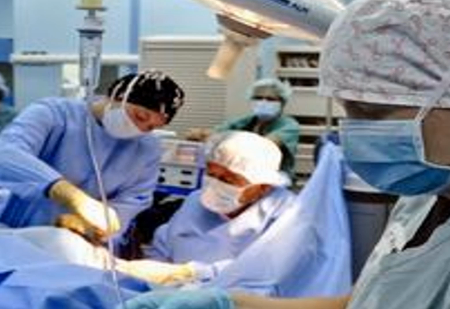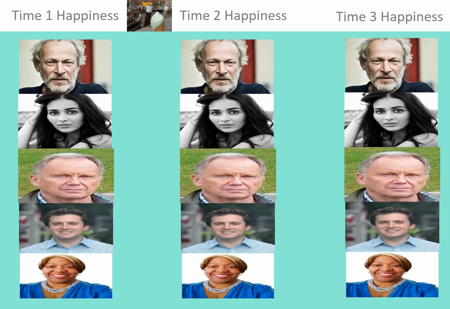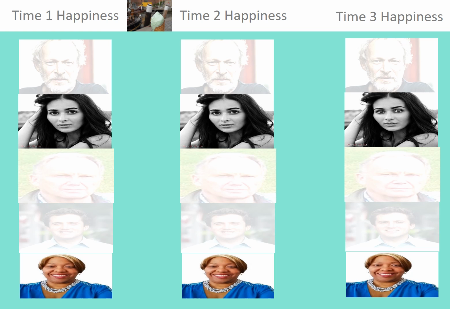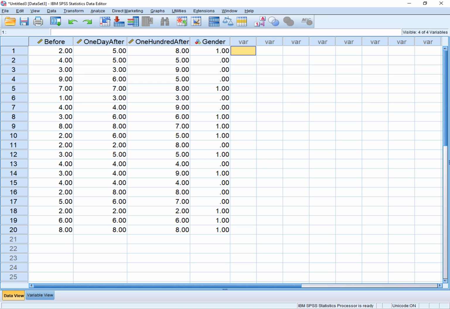To illustrate, suppose you want to measure the happiness of, say, 20 people one day before, one day after, and 100 days after they consume a tub of ice cream. You also want to assess whether the effect of ice cream on happiness differs between males and females. Now, the data appear in this table, and you might want to construct a similar data file.